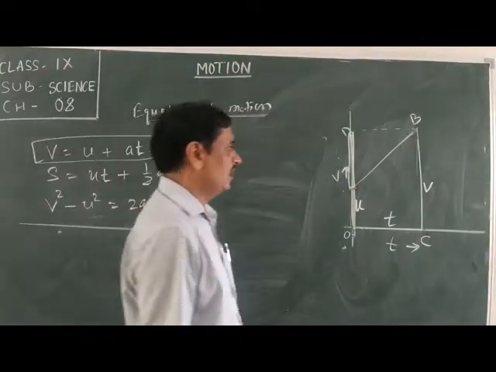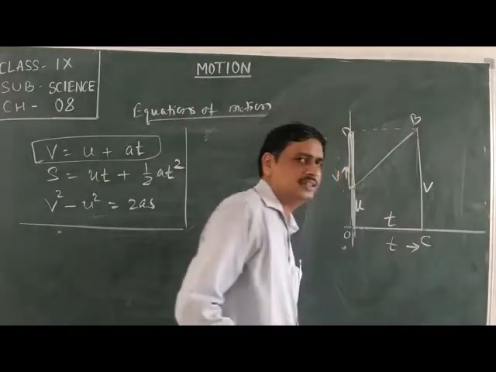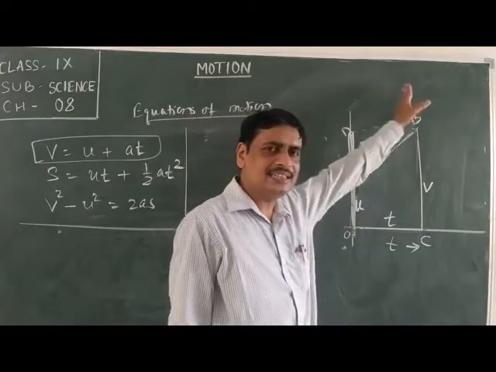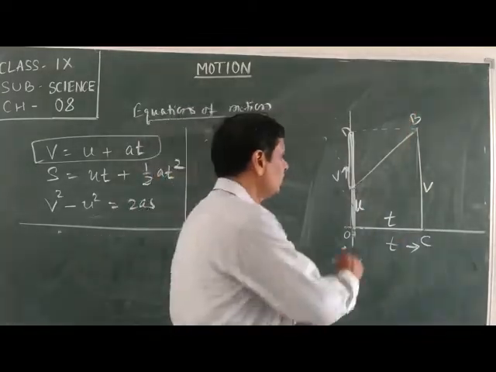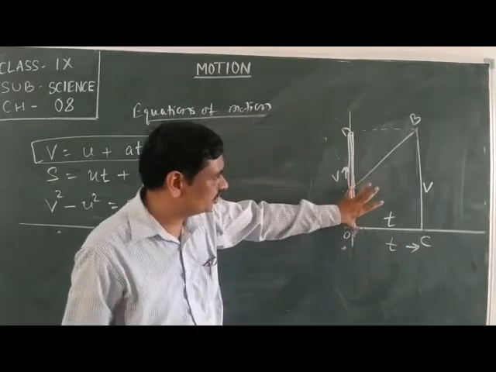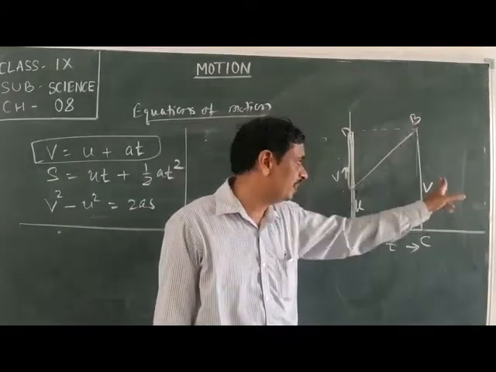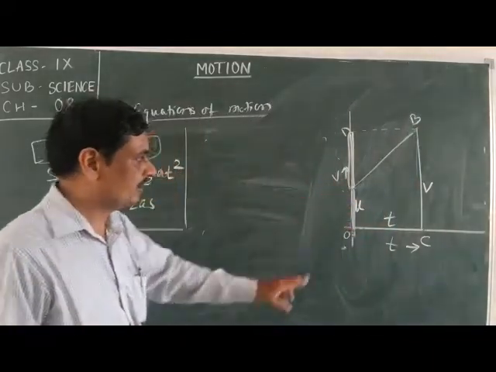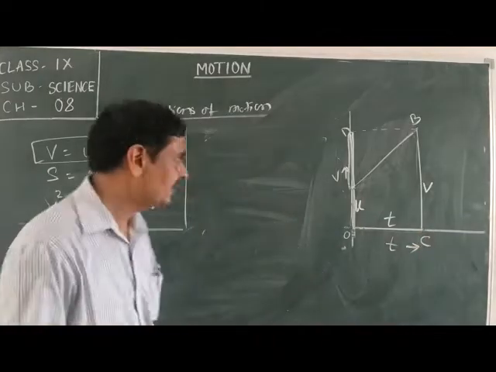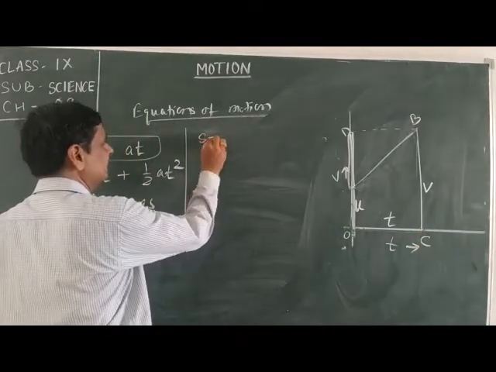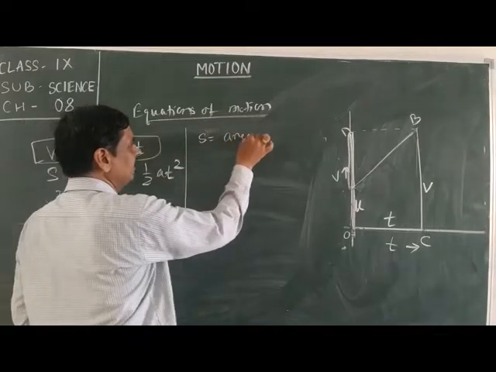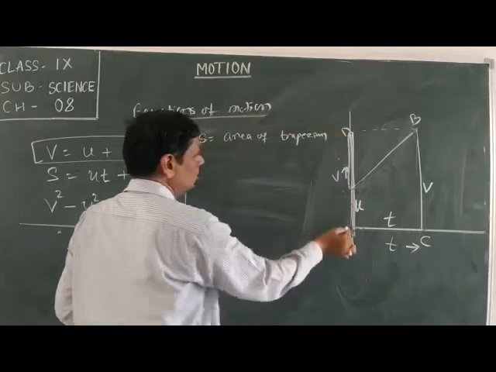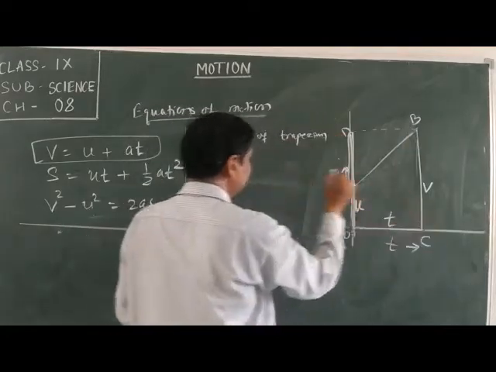If you observe how much distance is covered by the body when it started and when it is observed: when the body started from initial velocity u up to the final velocity v, how much distance is covered during the time interval t. Distance s is equal to the area of trapezium OABC.